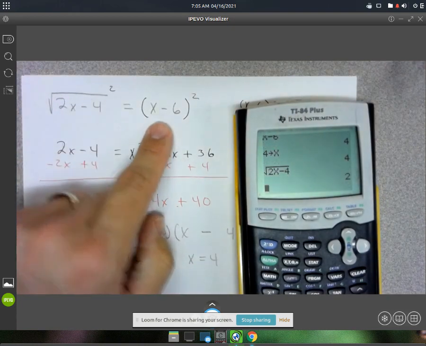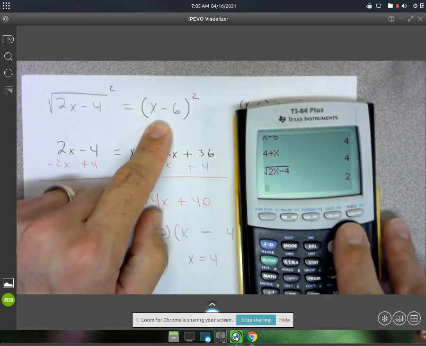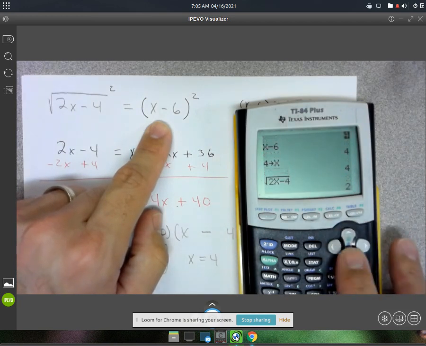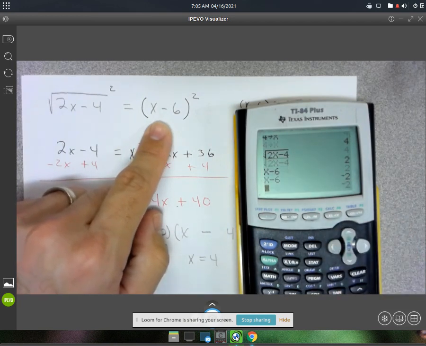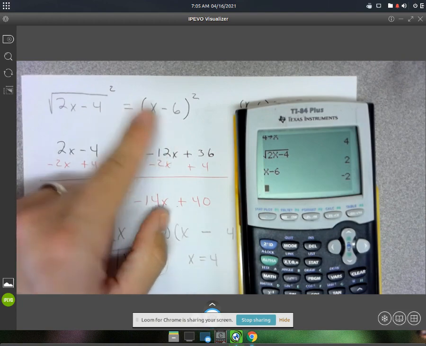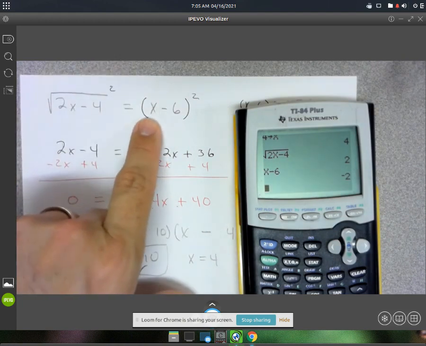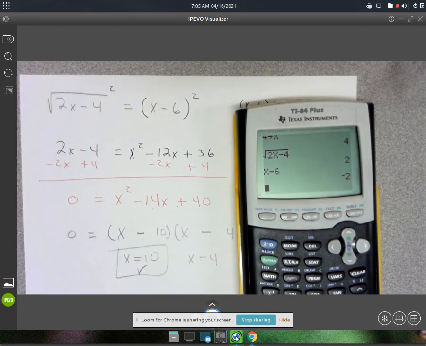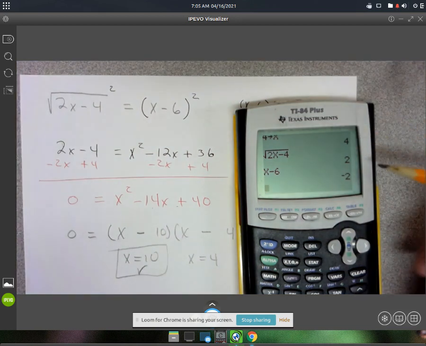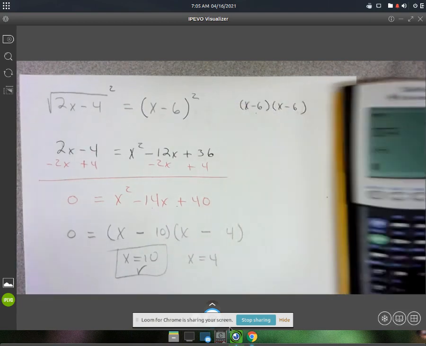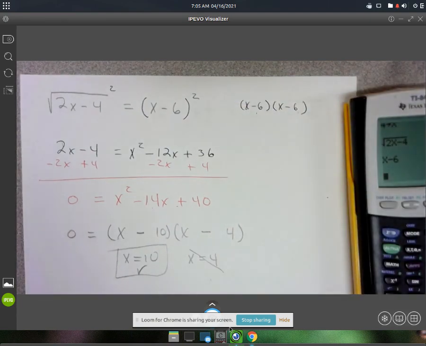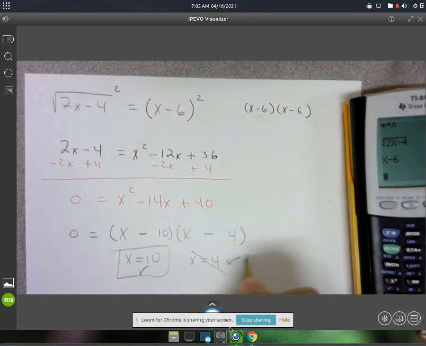The right side, if you plug in 4 for x, just doing x minus 6, is going to give us negative 2, because 4 minus 6 is negative 2. So the left side gave us positive 2, the right side gave us negative 2. That's bad news. So 4 is fake. This one is extraneous.